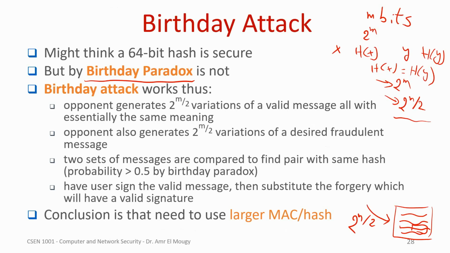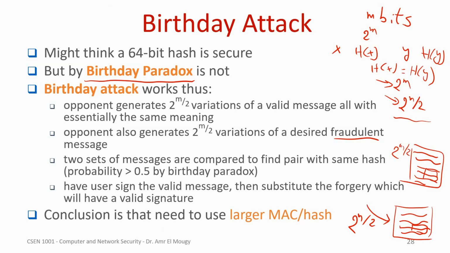So you generate different combinations of the same message: 2 power m over 2 variations of the valid message. And then you take the message that has the wrong amount, so the fraudulent message. You take another message that has very similar content, except, for example, for the monetary value that is inserted, and you generate 2 power m over 2 variations of the fraudulent message.